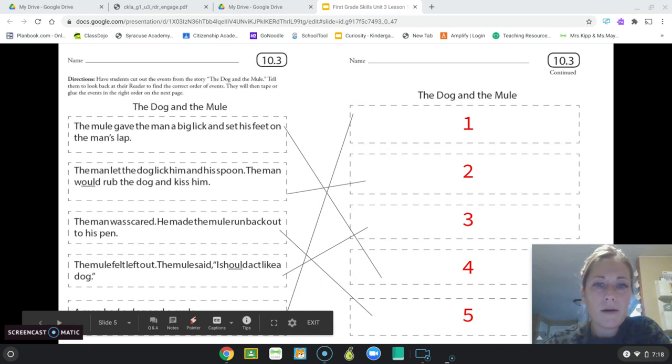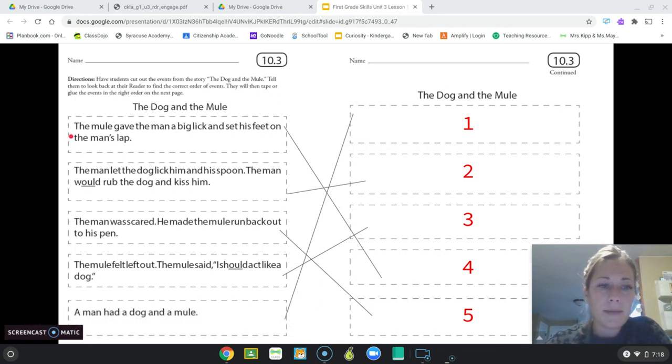Okay, so now we have all of these different events that happened in the story. We have the mule gave the man a big lick and set his feet on the man's lap. We have the man let the dog lick him and his spoon. The man would rub the dog and kiss him. Right here, the man was scared. He made the mule run back out to his pen.